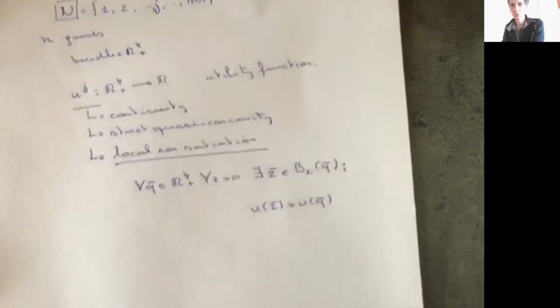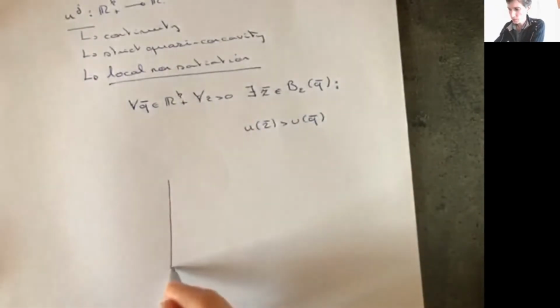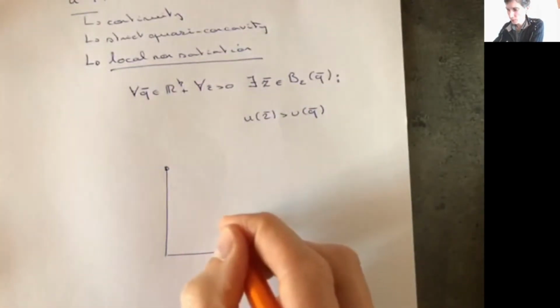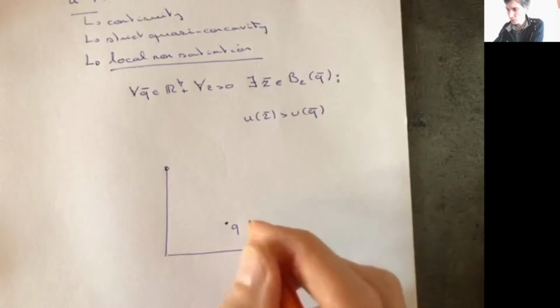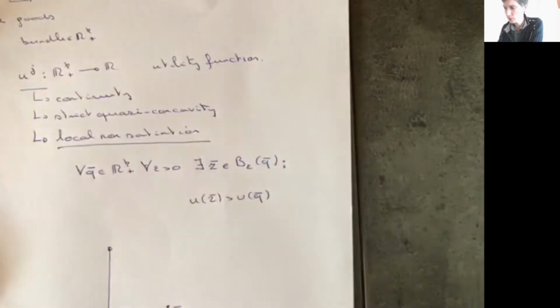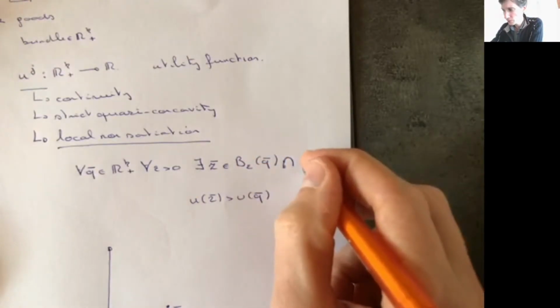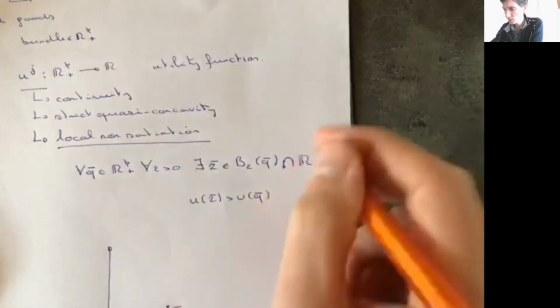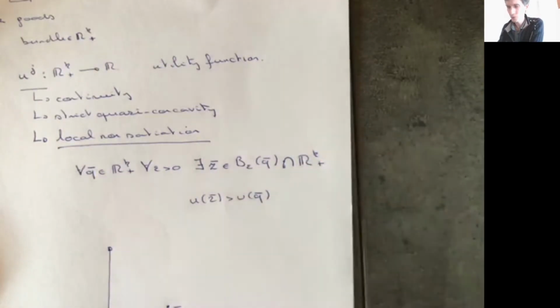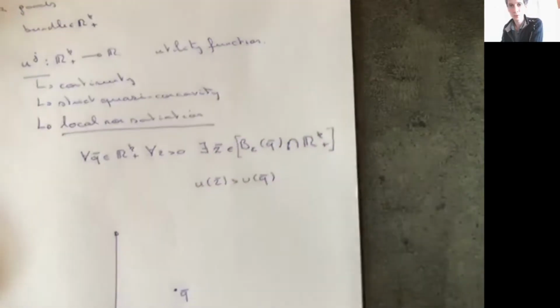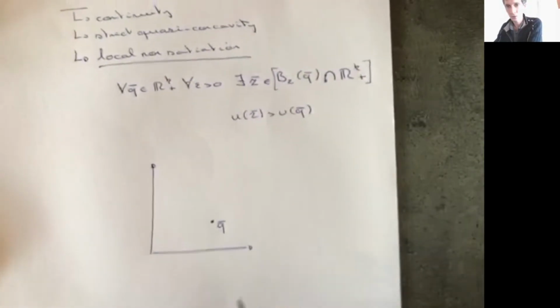So for example, if I have two goods, then for any bundle q, and here I have to make an adjustment: this is not just the ball of radius epsilon, but the ball of radius epsilon intersected with R^k_+. I will show you in a minute what the distinction is.